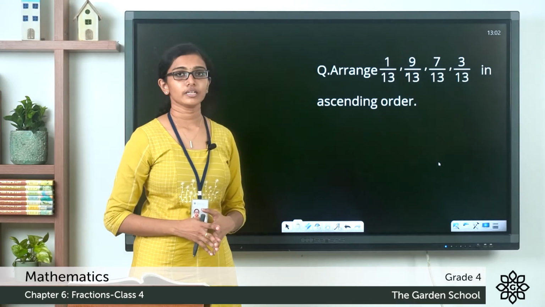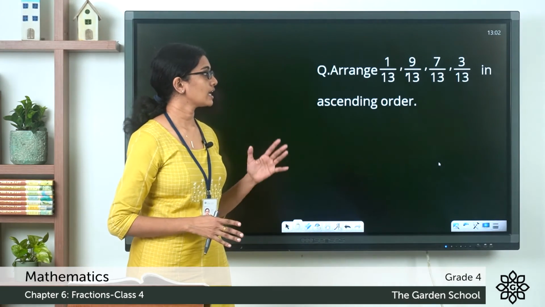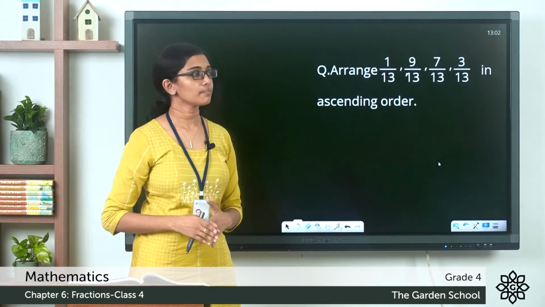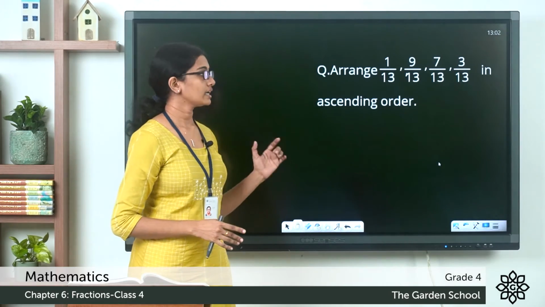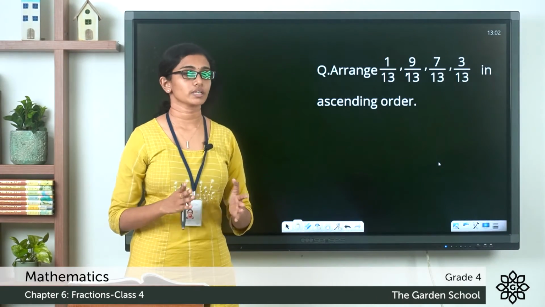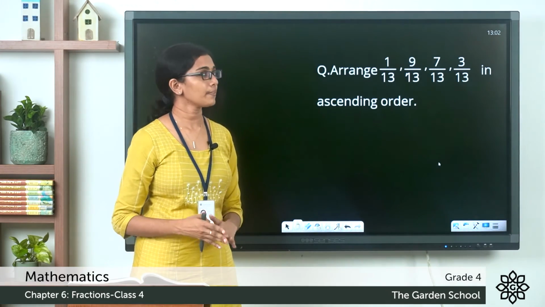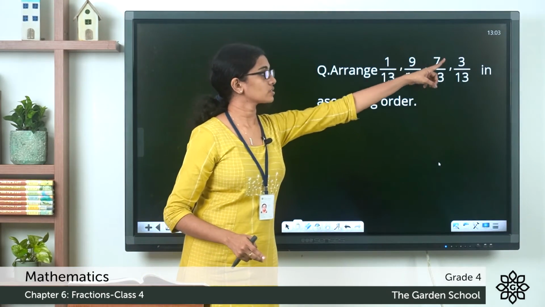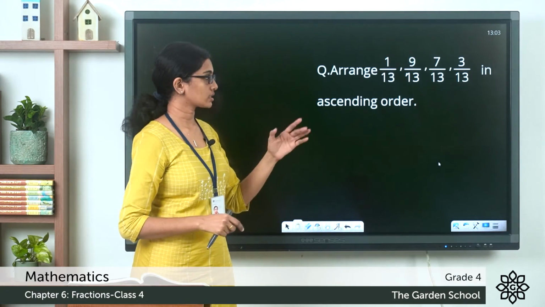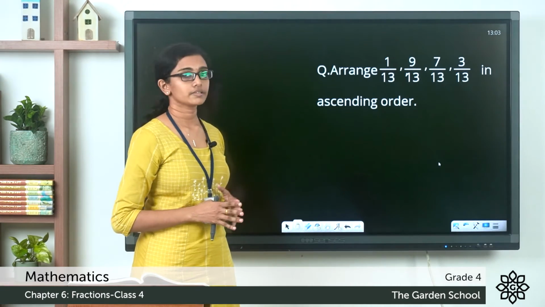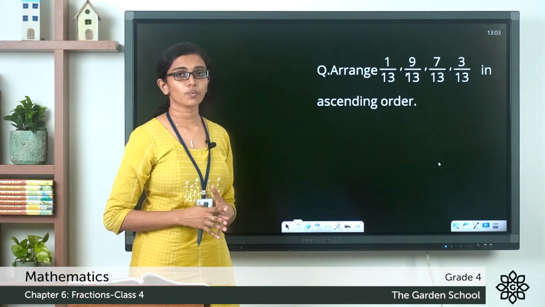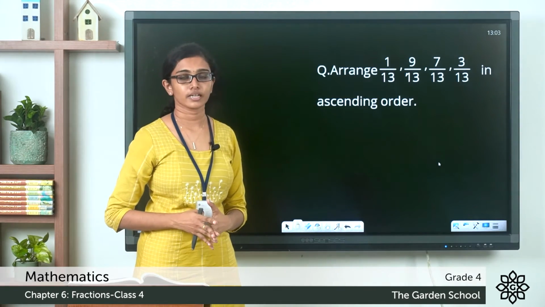Now let's see how we can compare like fractions to arrange them in ascending order. You are given the question, arrange 1 by 13, 9 by 13, 7 by 13 and 3 by 13 in ascending order. So to compare like fractions, compare just the numerators. So when you compare 1, 9, 7, 3, which are the numerators among these fractions, which is the smallest one? 1 is the smallest number here.